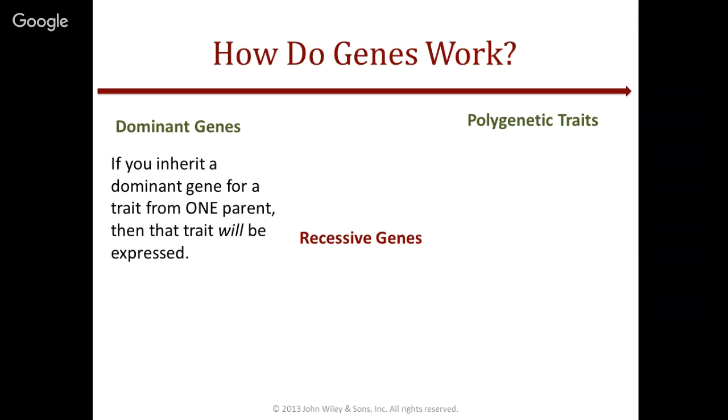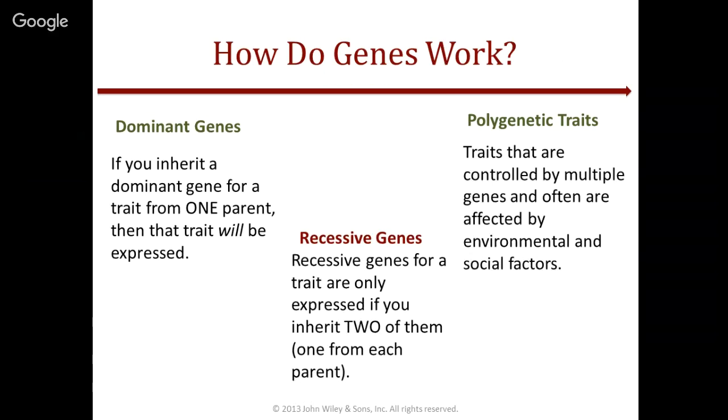So let's look at how our genes work. We have dominant genes, recessive genes, and polygenetic traits. I didn't really focus specifically on polygenetic traits per se, but I do want you to look at the differences between dominant genes and recessive genes. A dominant gene is a gene that you inherit that is most dominant from one of your parents.